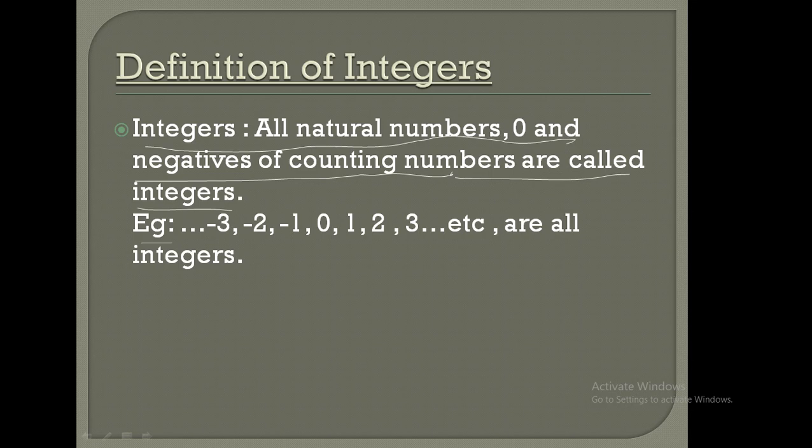For example, -3, -2, -1, 0, 1, 2, 3, etc. are all integers. In other words, the combination of negative and positive numbers together with 0 is known as integers.